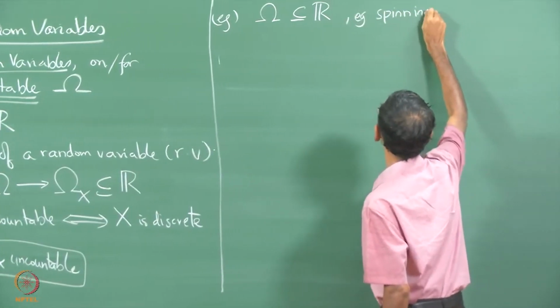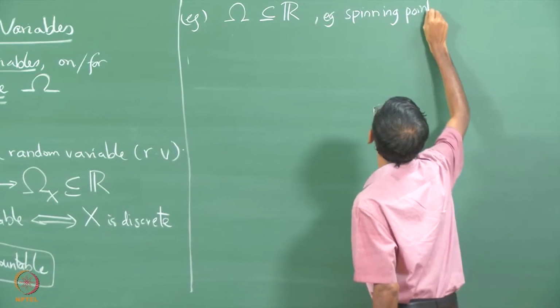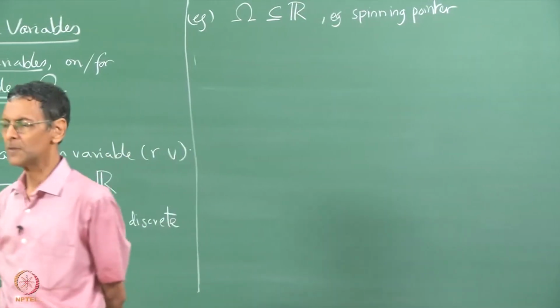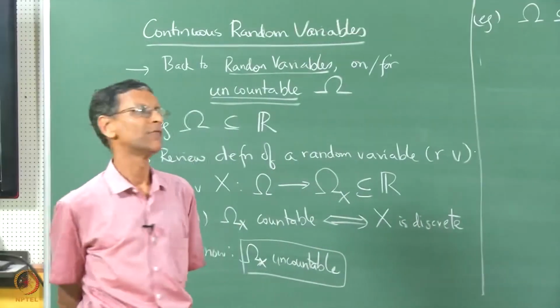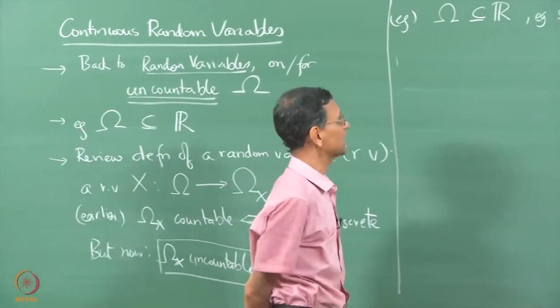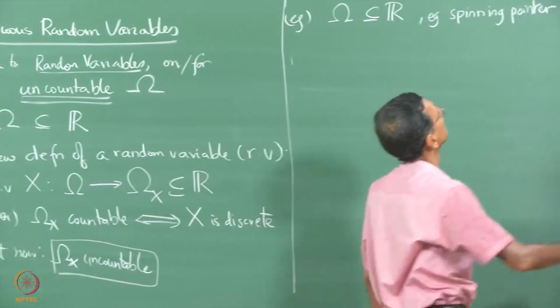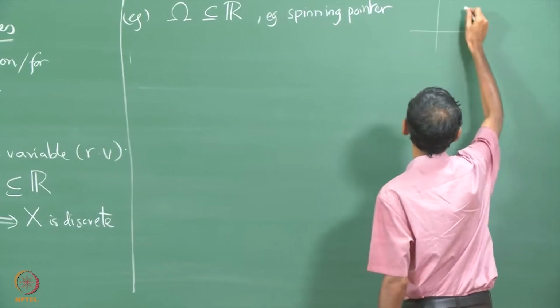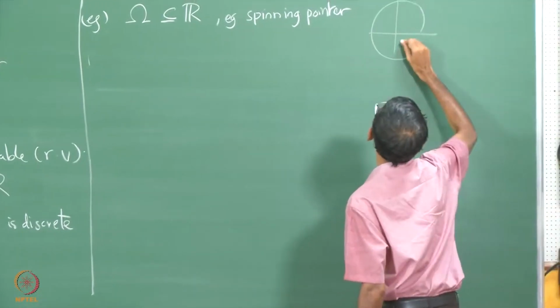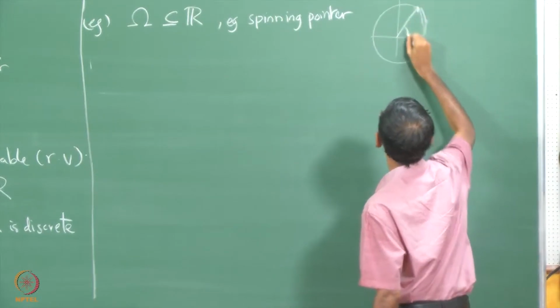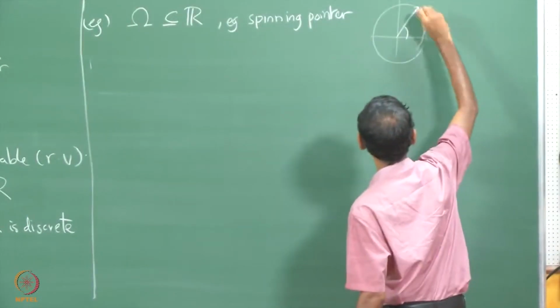This example comes up a lot in our study of random variables because it is such a simple but very commonly encountered experiment where you spin a pointer and the pointer comes to rest at any arbitrary position on the unit circle.